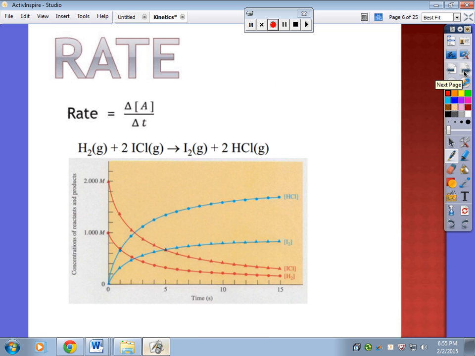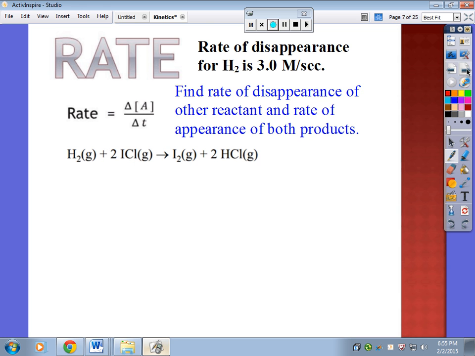All right, now, what if I gave you this information? Okay, I didn't have a chart, but I gave you a fact that the rate of disappearance for H2 in that previous graph is 3.0 molarity per second. I don't have to tell you where and when it is, but let's just say between a certain time period and a certain time period. In other words, someone already did that math for you.